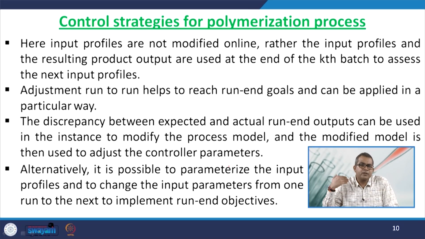Now, this discrepancy between the expected and actual run-end output can be used to modify the process model, and the modified model is then used to adjust the controller parameters. Sometimes it is possible to parameterize the input profile, and you may need to change the input parameter from one run to the next to implement the run-end objective.